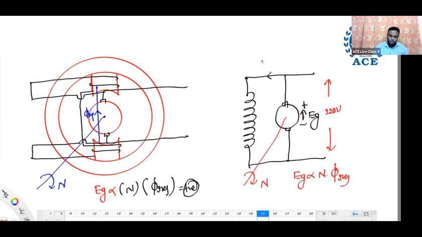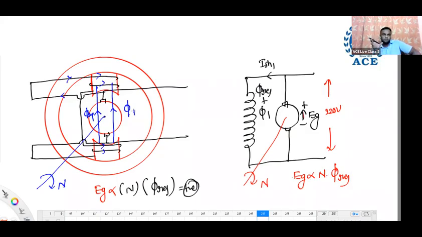Now current is flowing in this direction, ISH. Residual flux and whatever field current is flowing, that is added with residual flux. So the field current is flowing in such a direction that it produces a flux in the same direction as the residual flux. So try to print these two figures in your mind.